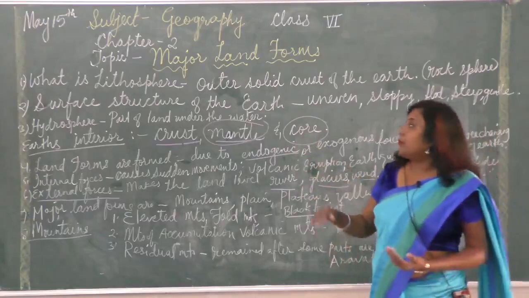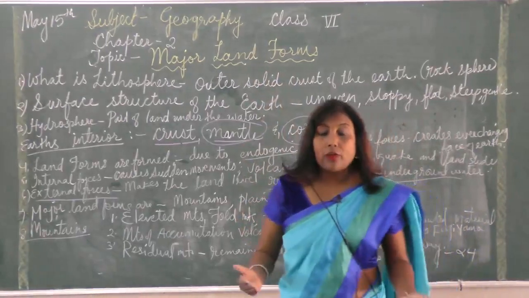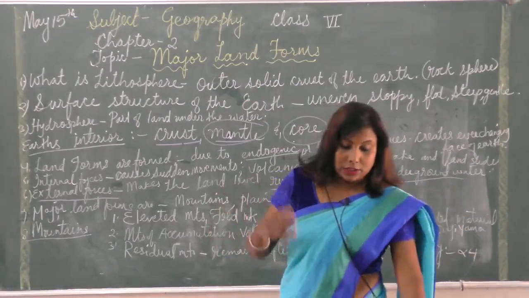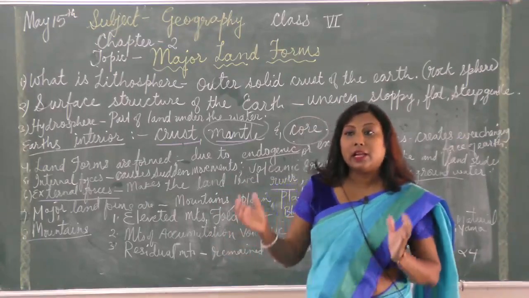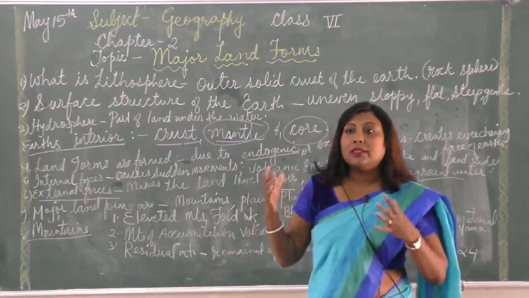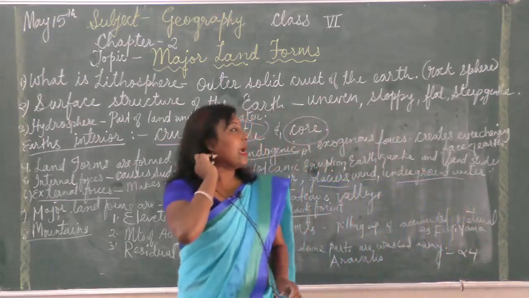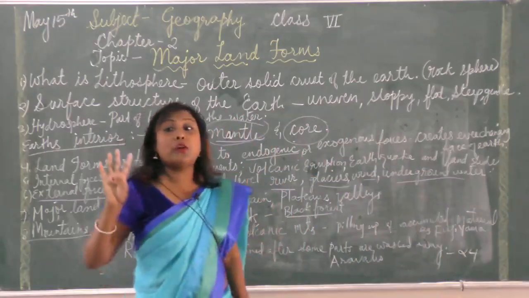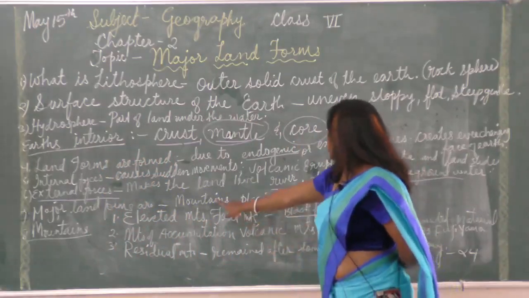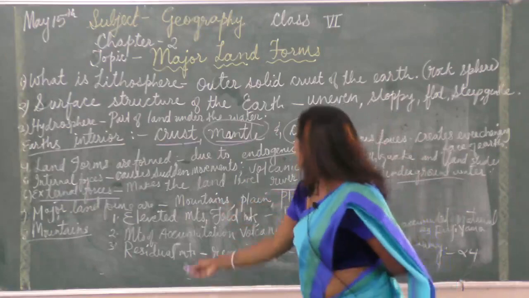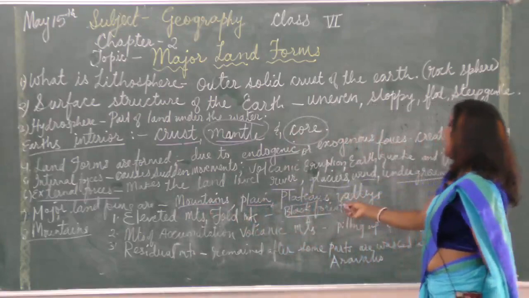Now the main topic that we are touching today is major landforms. We know how they were formed: because of the tectonic movements, internal forces and external forces acting upon the structure of the earth, which bring change in the face of the earth. Now the landforms have been divided into 4 major categories, namely the mountains, the plains, the plateaus and the valleys.